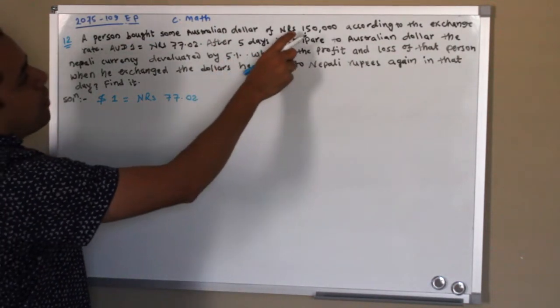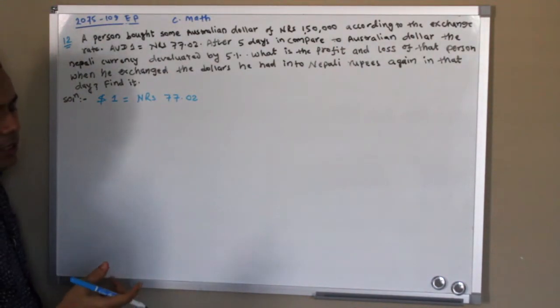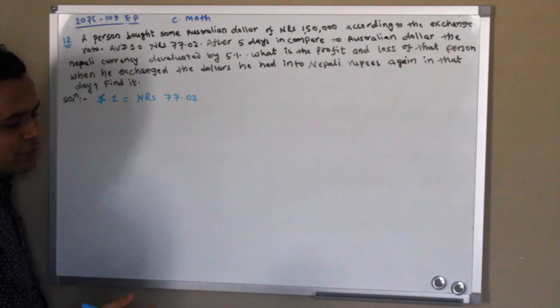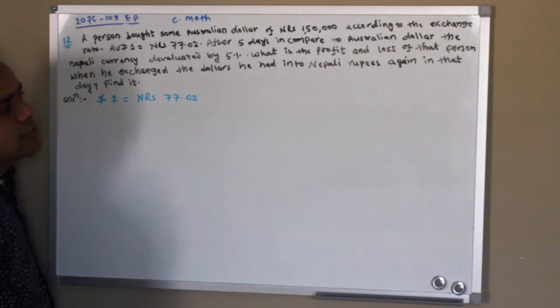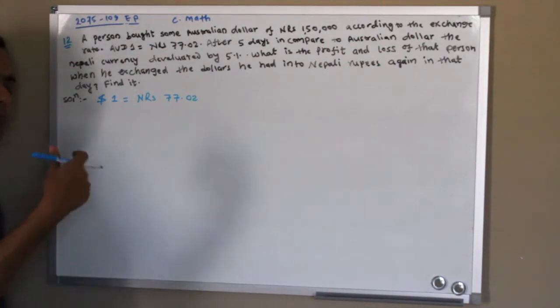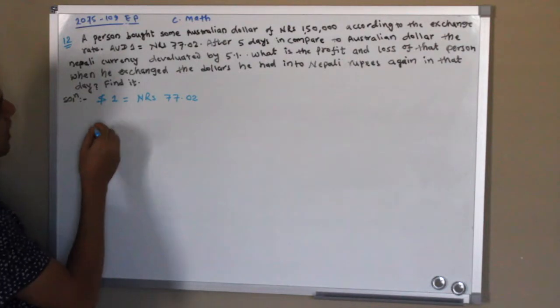Now, how many dollars do you get if you give 150,000 rupees? Here, people usually say 150,000 instead of 1,50,000. That's what I've been used to. So, how do I solve it?